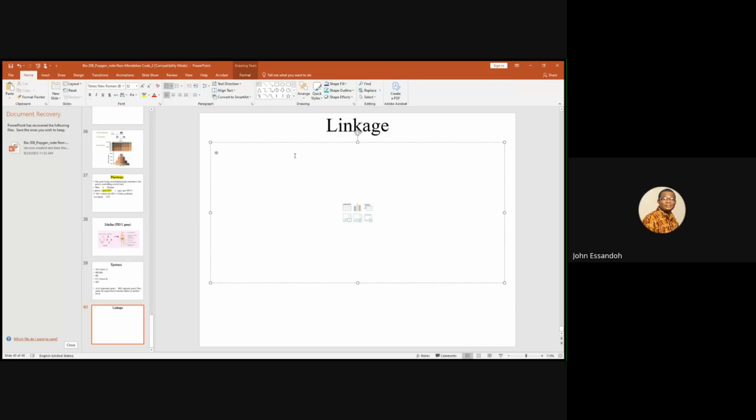All right, good. So we have linkage. Linkage is very simple. When we say things are linked, what does it mean? Let's assume that Lord Kingsley and his wife are going for a program and they arrive at the program almost at the same time.